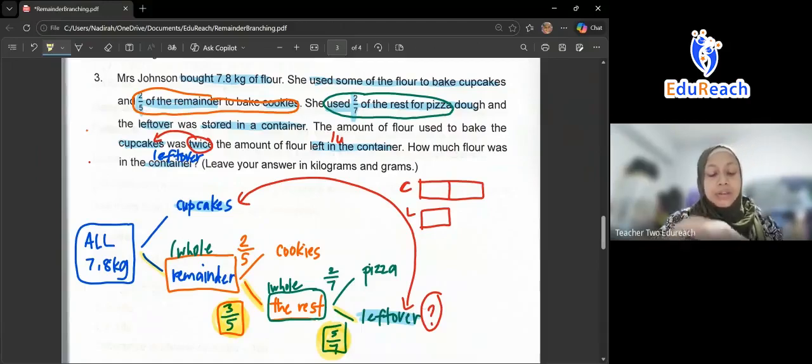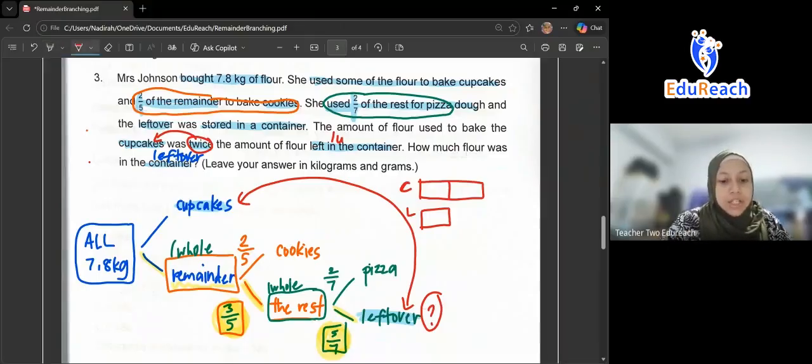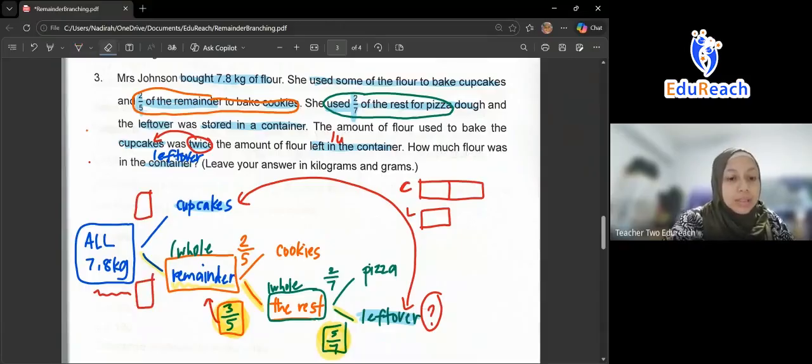The answer will give me a fraction of the remainder, not of the whole, because the fraction is falling under here, not under the all yet. Under the all, there are no fractions, it's empty, right? So that's one. I can do multiplication.